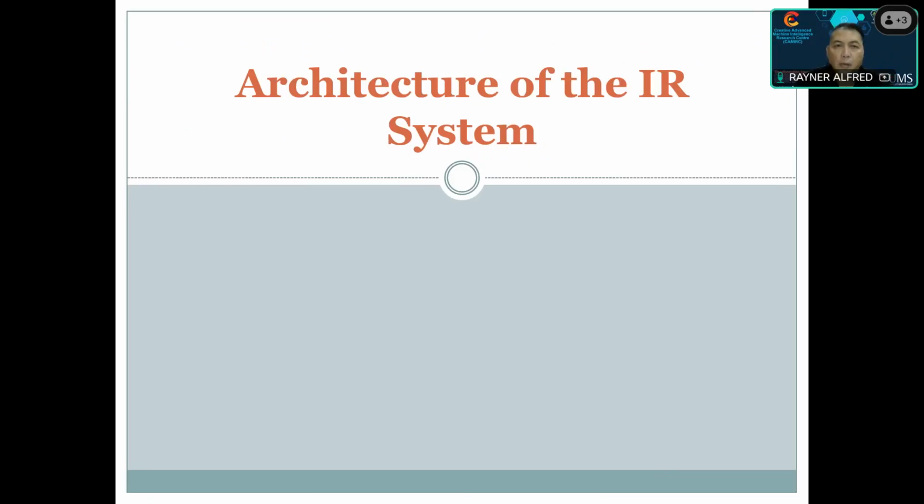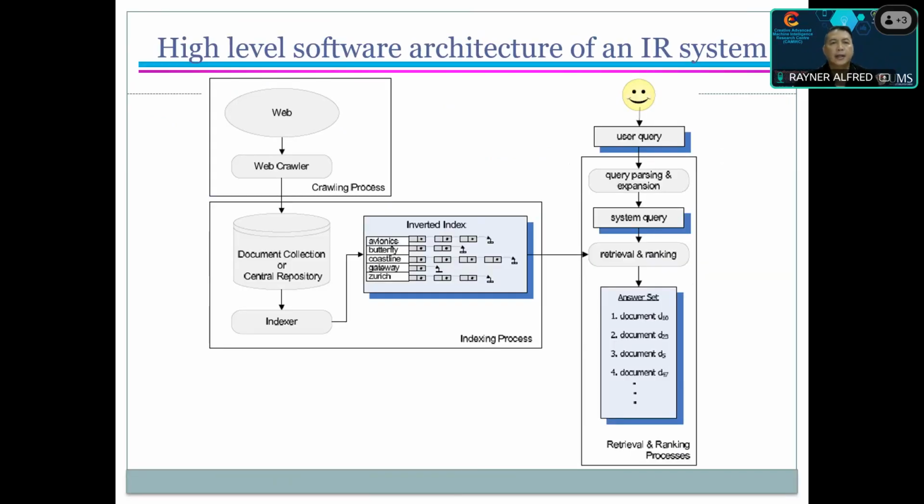So now we look at the architecture of the IR system, just to give you an idea of how the IR system architecture looks. This is you. This is the website. So there must be a crawler.